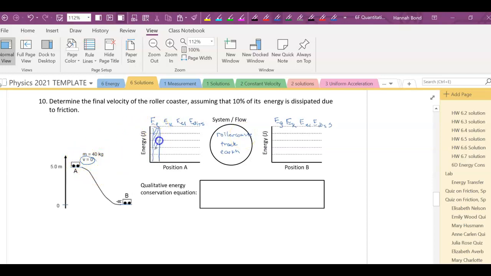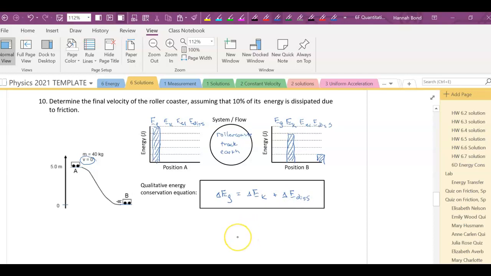So I've got gravitational energy in this system to begin with. At the end, it's mostly kinetic, but 10% of the energy has been dissipated due to friction. And so my conservation equation is that the change in the gravitational energy equals the change in the kinetic energy plus the change in the dissipated energy.